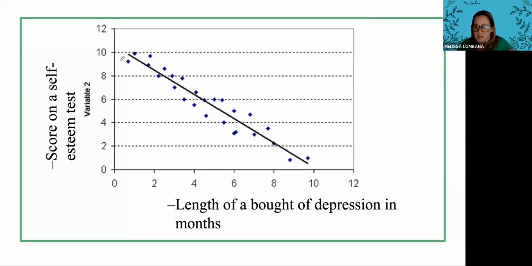Once they collect the data, this is my scatter plot, and I'm measuring the length of the depression, right? And this is their score on their self-esteem. Now, if you notice, as this is getting higher, these scatter plots are getting lower. So this would be a negative correlation.